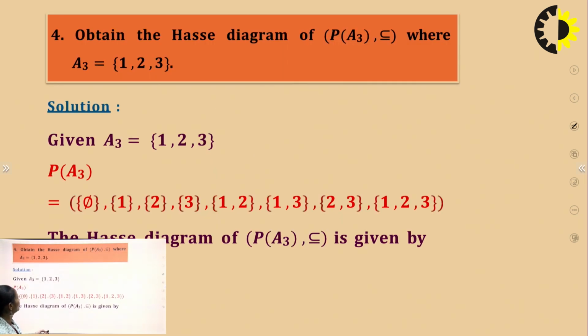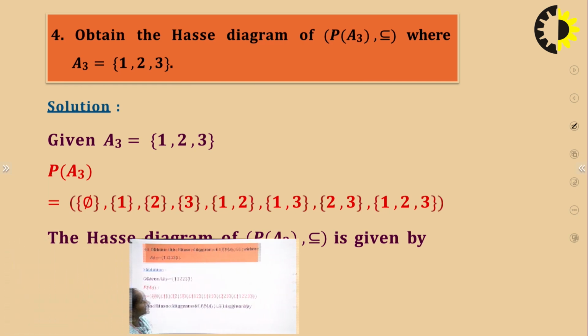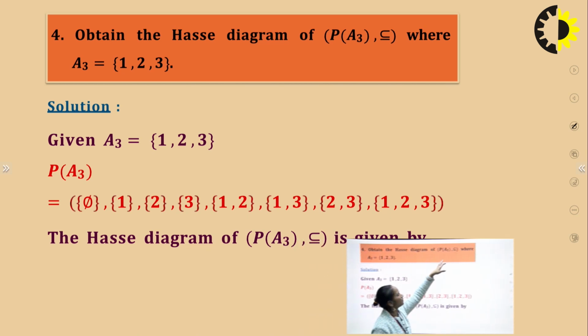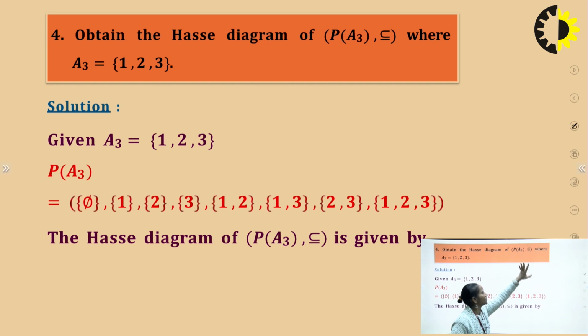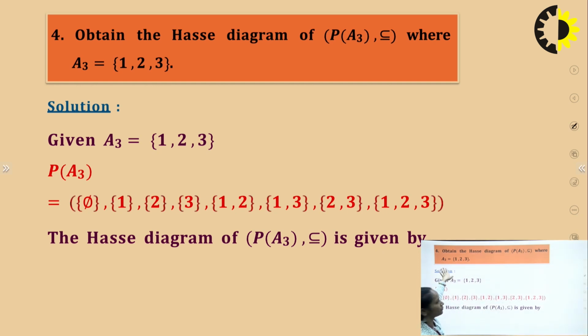There are lots of questions. Suppose we are asked to obtain the Hasse diagram of the power set. P represents the power set of A3, and the relationship is subset, where the members of A3 are 1, 2, 3. So if the members of A3 are 1, 2, 3, then what will be the members of P of A3?